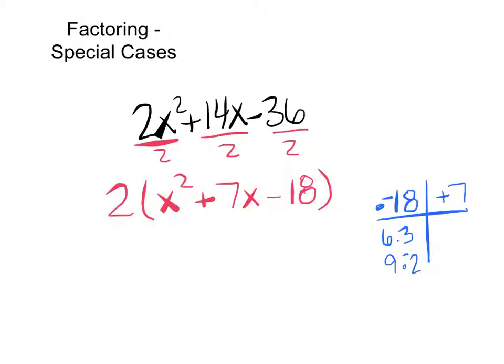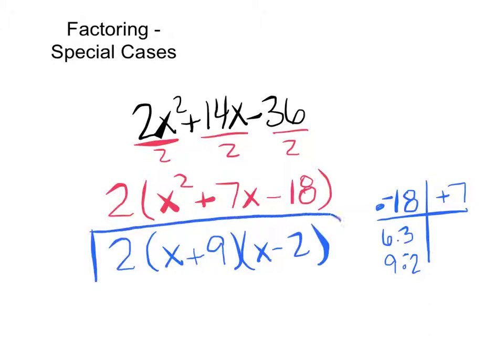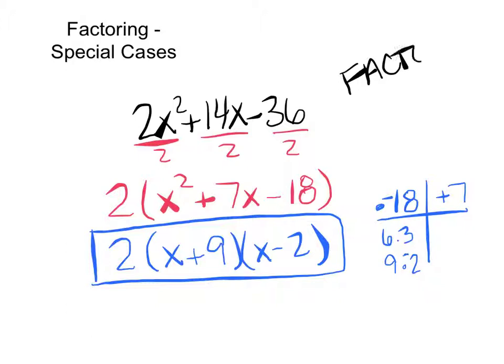The 2. So we can factor that trinomial as x plus 9 times x minus 2, and then don't forget about that 2 we factored out. That's included in our solution. So one of our special cases is factoring out the GCF first, then using one of our other methods.